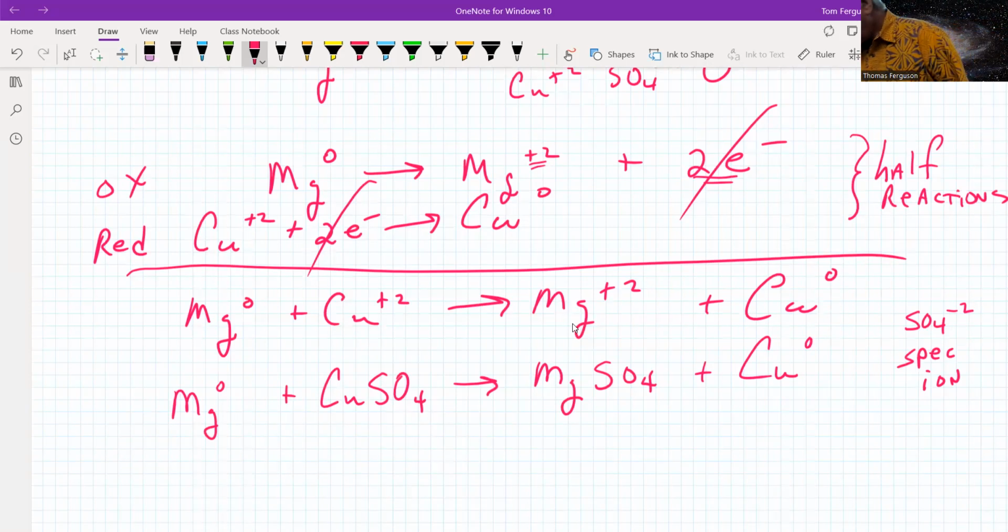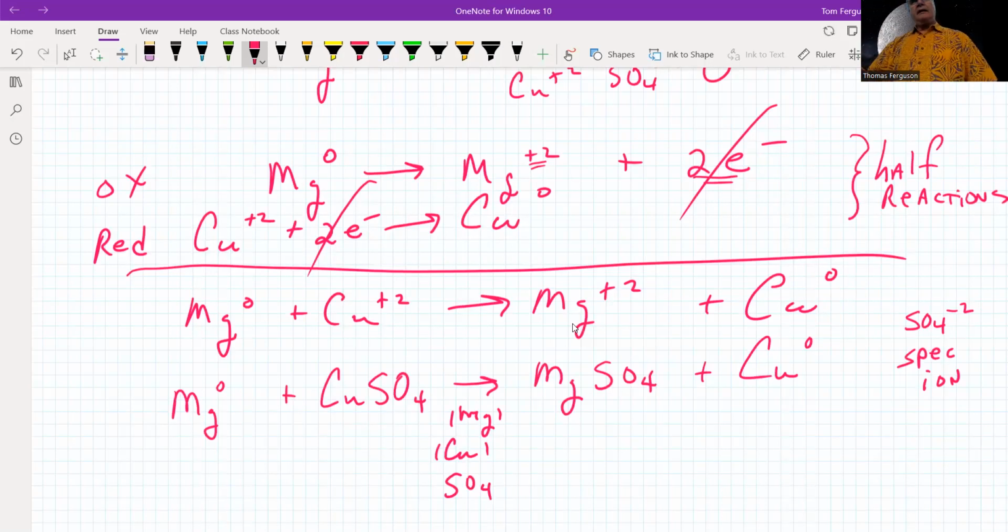We want to do an inventory. We've got magnesium, copper, sulfate. Notice I'm using the ion grouping, SO4, instead of the S and O's. So doing the inventory, it's all balanced. So that would be what you'd get. When you put these two together, the magnesium would go away visibly.